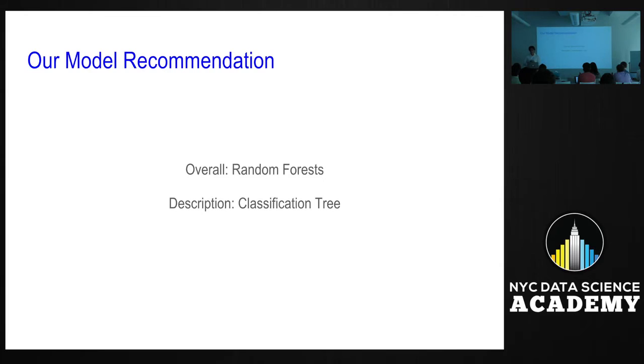So overall, we chose to recommend random forest. One is that this had the highest accuracy in terms of AMS score, about 2.8. Close to second to random forest was SVM, which was about 2.7. However, we chose random forest for a couple of reasons.